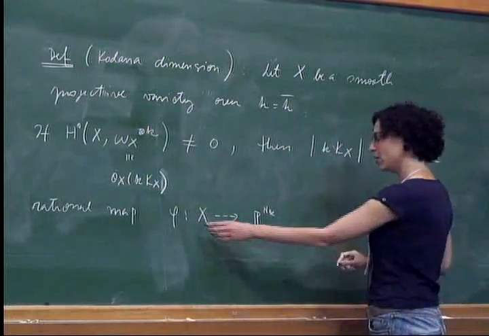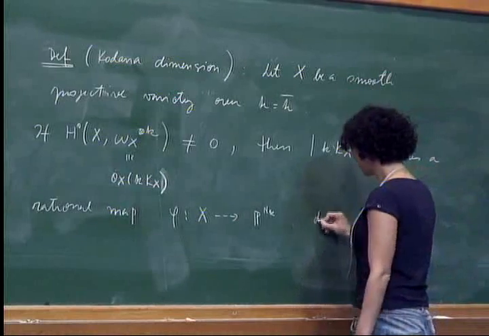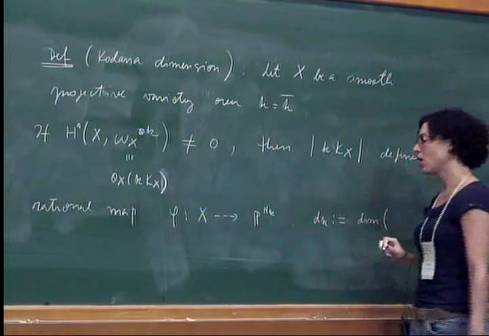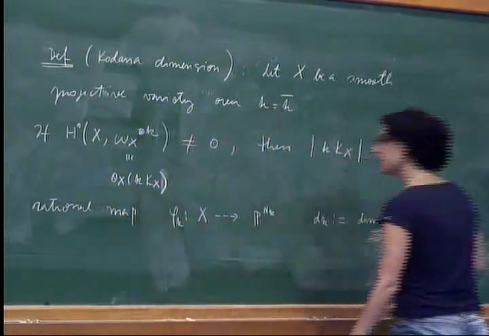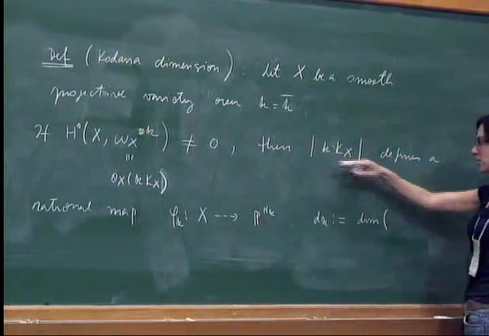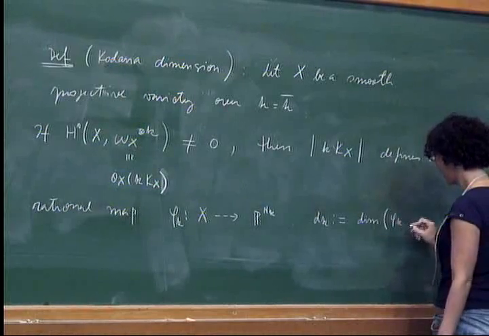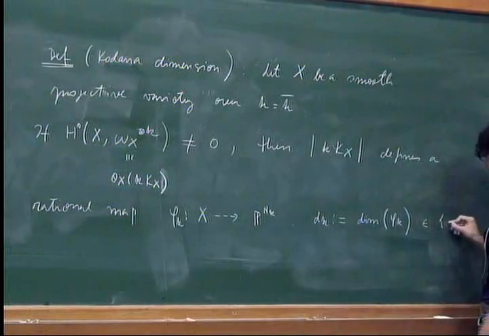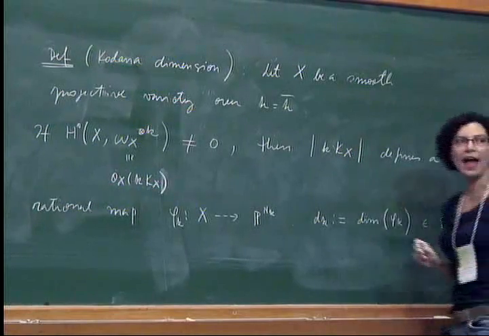And we can consider the image of this map and ask what its dimension is. So this is the rational map associated to this complete linear system, and the dimension of the image of phi_k will be an integer between 0 and the dimension of X.